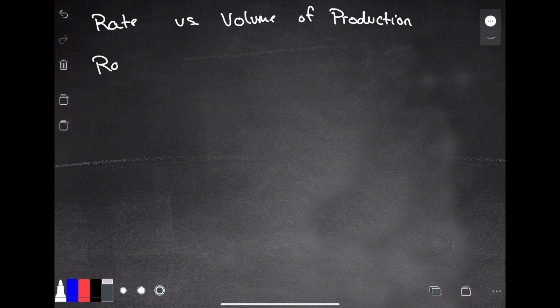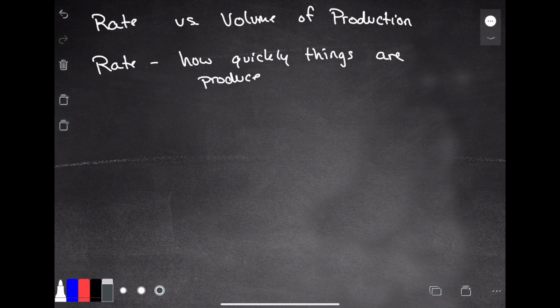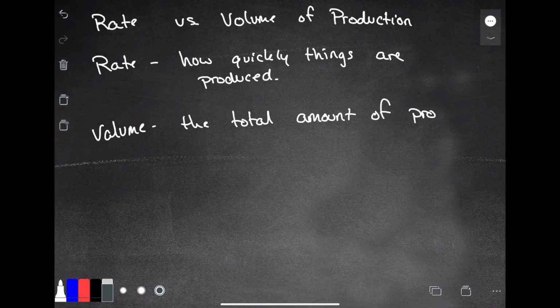Now, let's make a real quick mention of rate versus volume of production. The rate refers to how quickly things are being produced. The volume refers to the total amount of work done, or a better way to put it is the total amount of production that happened.